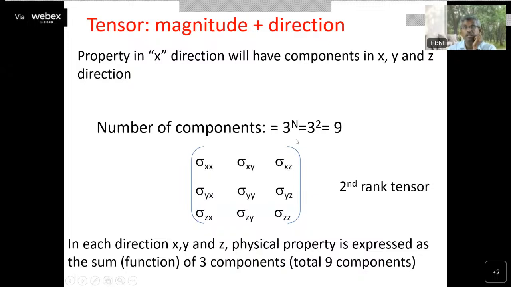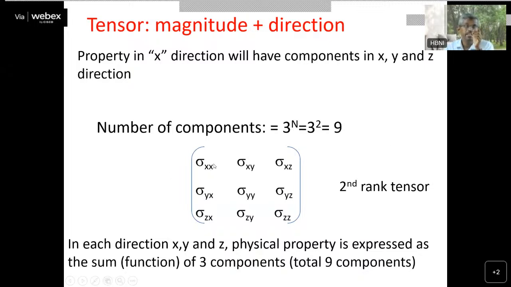The number of components is expressed by 3 raised to n, where n is the rank. So n equal to 0 means we have only 1 component. n equal to 1 means we have a vector, and n equal to 2 means we have 9, which is a second rank tensor. We also have third rank tensors, but in all NMR studies we are only concerned with the second rank tensor.